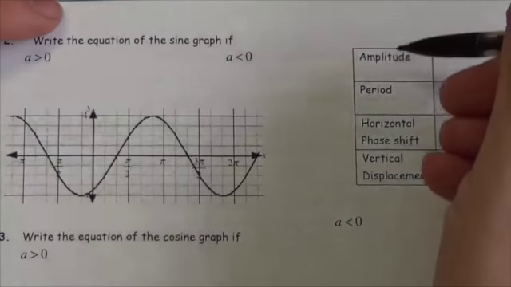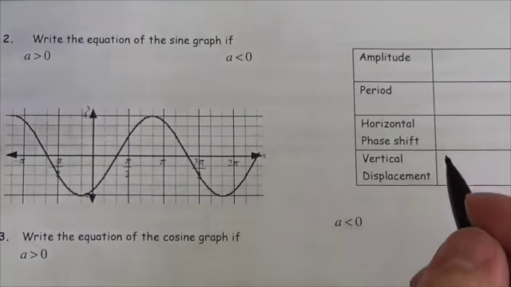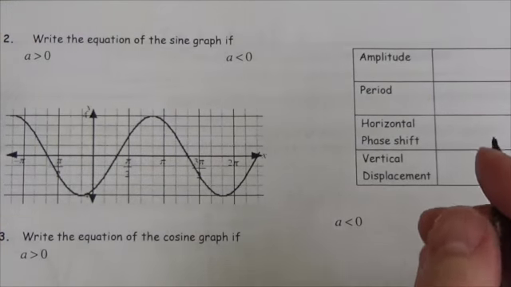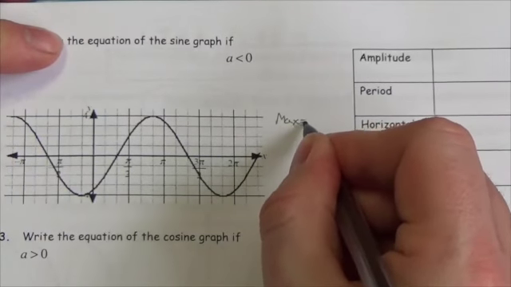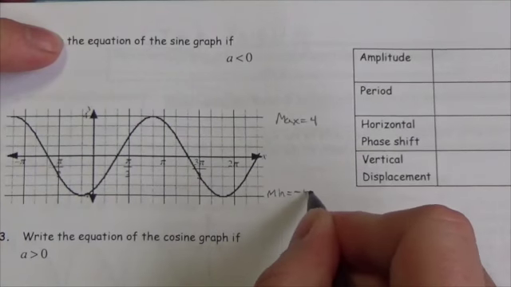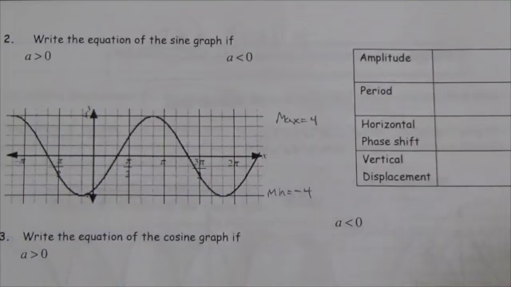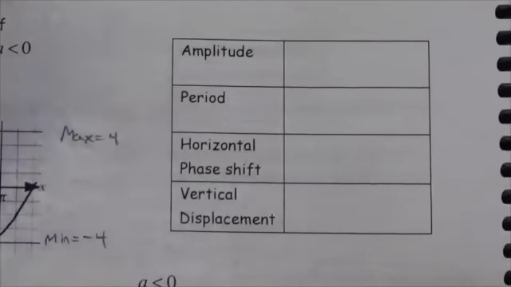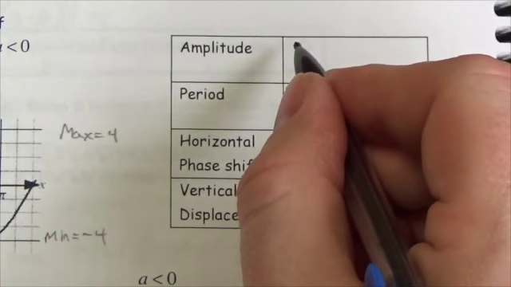The first thing we have to do is get the pieces of it. To get the amplitude and the vertical displacement, I need the maximum and the minimum values. So I'm just going to read this off. My maximum is 4, and my minimum is -4. That's enough to figure out my amplitude. Maybe I'll zoom in a bit. My amplitude is the max minus the min over 2.